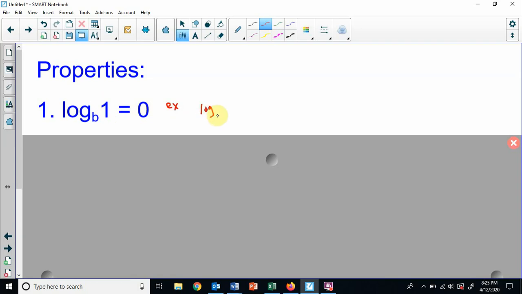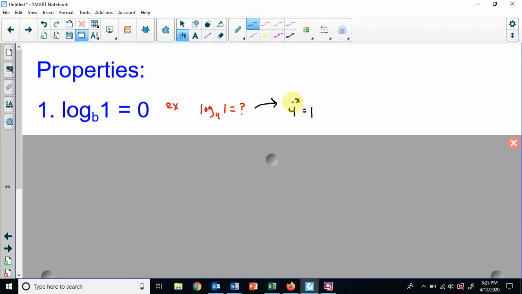Log, pick your favorite base. I'll do 4. Log base 4 of 1. I know that's going to equal 0, but let's pretend like we didn't know what it was going to equal. Well, if I rewrote this, it would be 4 to something equals 1.